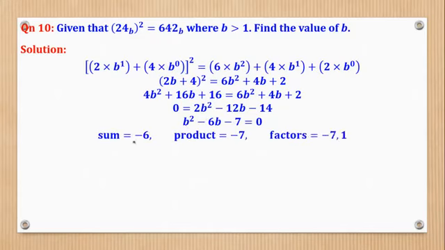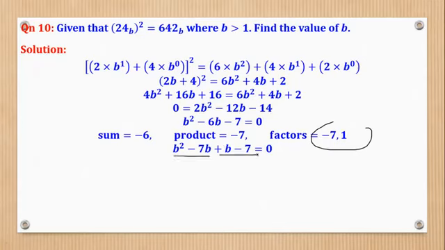So let me use factorization. I have to look for two factors whose sum is negative 6 and product is negative 1 times negative 7, so the product should be negative 7. So those factors are these ones. Therefore, split the middle term into this, which was got from here.